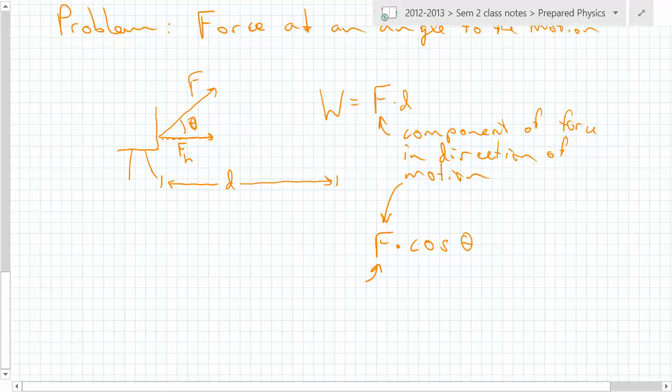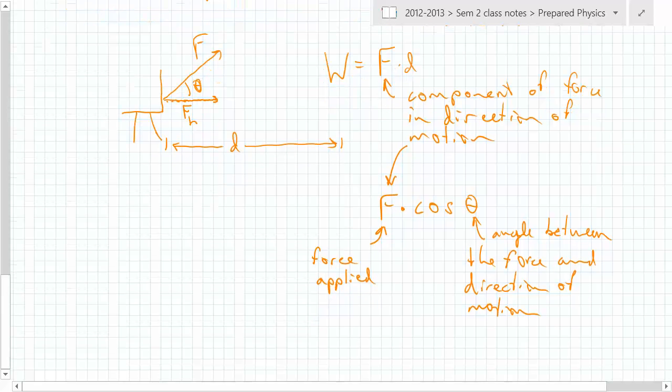So this is just the force applied. And this is the angle between the force and the direction of motion.